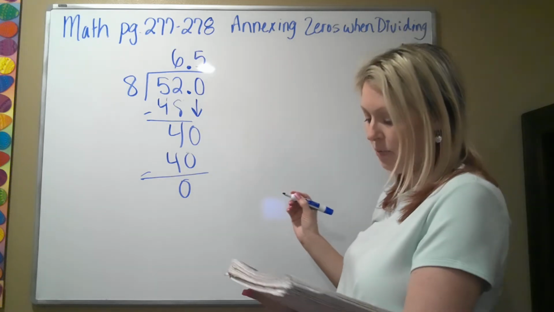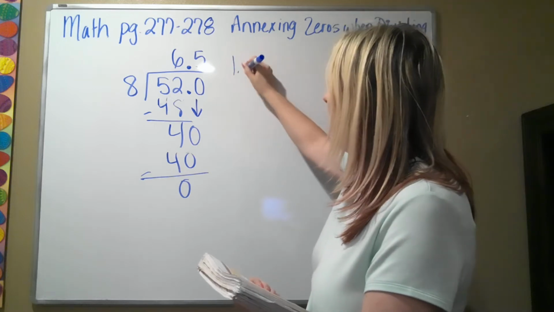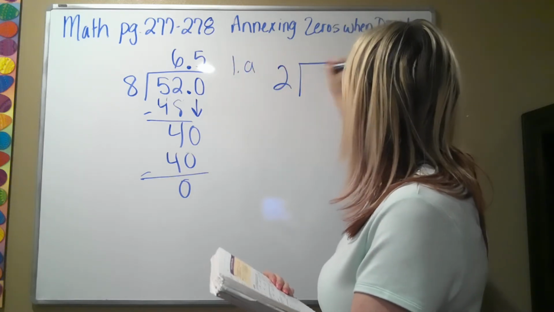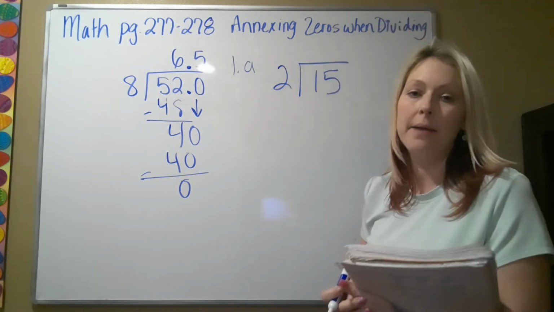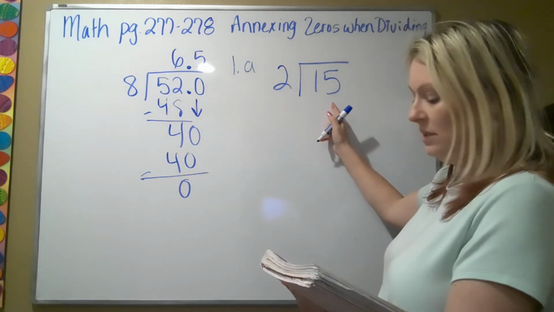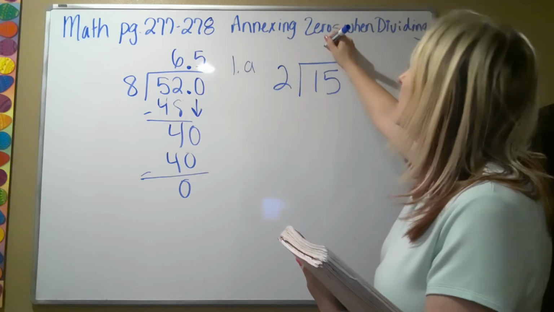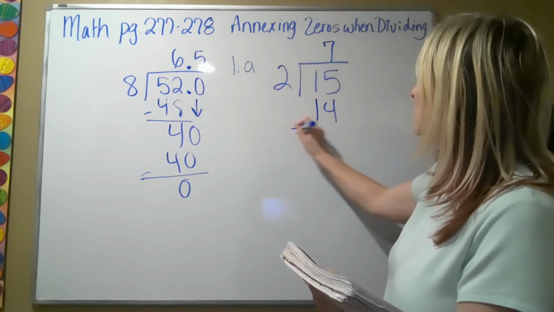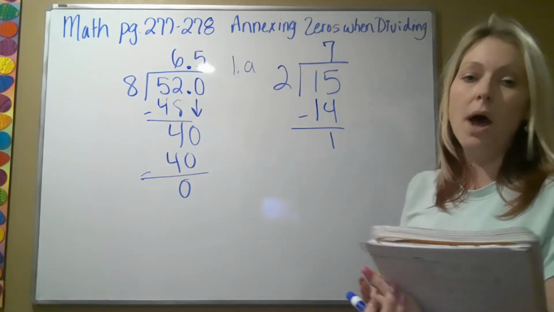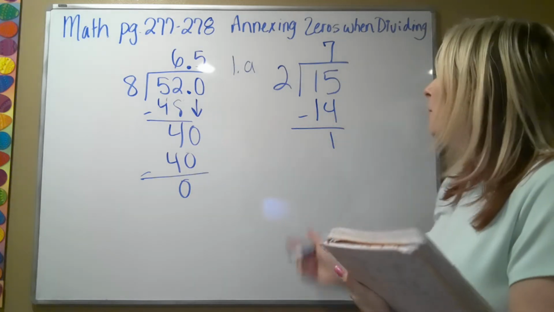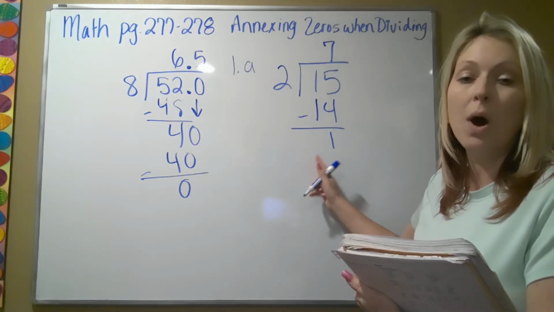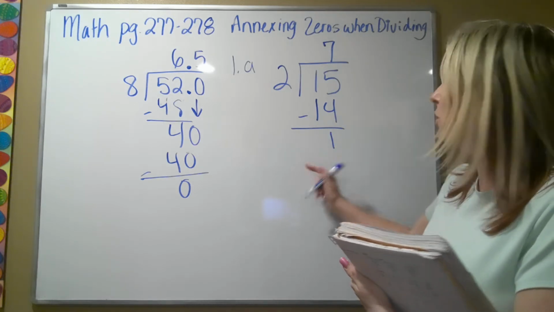Let's try another one. We're going to do 1A, okay? So we have 2 into 15. We know that 2 goes into 15 7 times. 7 times 2 is 14. I subtract, I get 1, right? But I don't want 1. I want this to be a 0. I don't want a remainder.